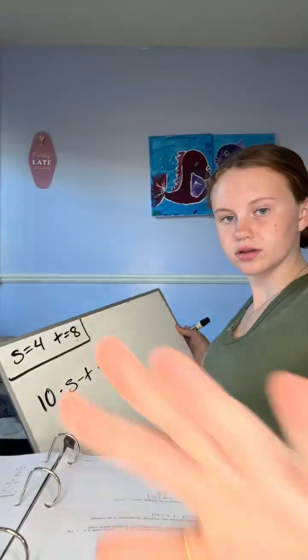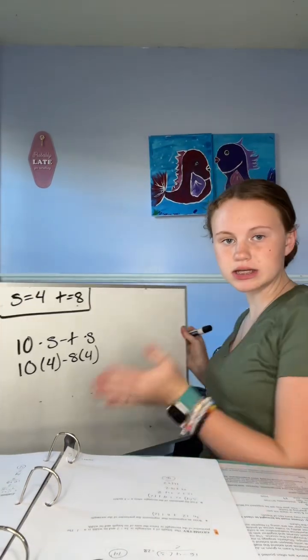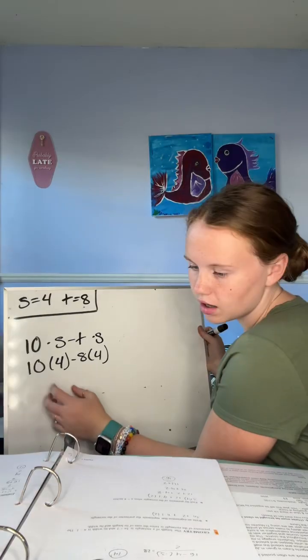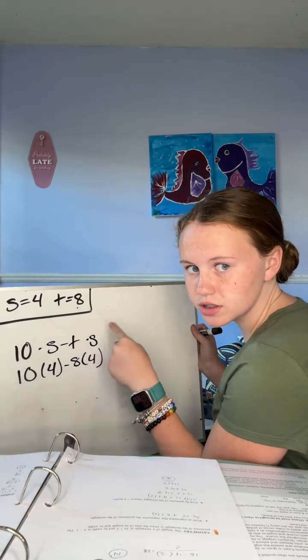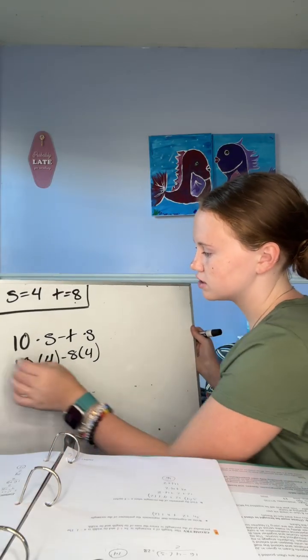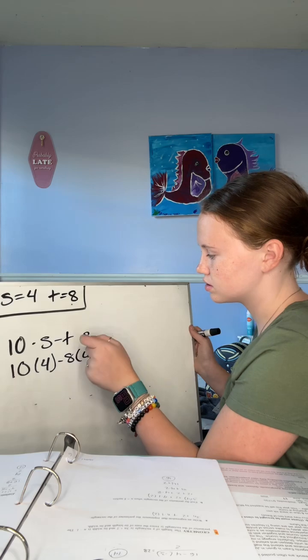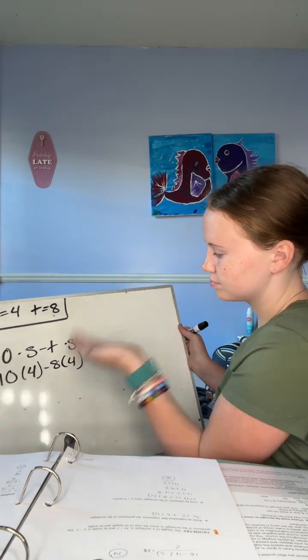Okay. This is number 6. I made it easy, and I already changed the letters to numbers. So it went from 10 times s minus t times s to 10 times 4 minus 8 times 4.